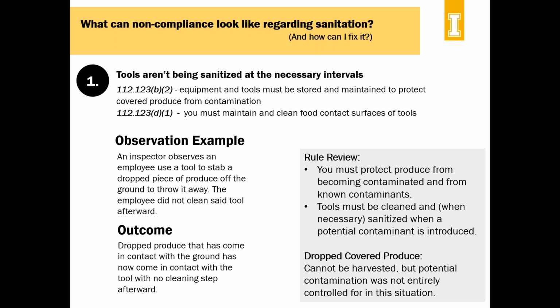But they didn't completely protect themselves from that potential source of contamination because they didn't follow all the way through with then sanitizing the tool. So de facto, they ended up still looping that contamination source back into being a problem. So there's one example.